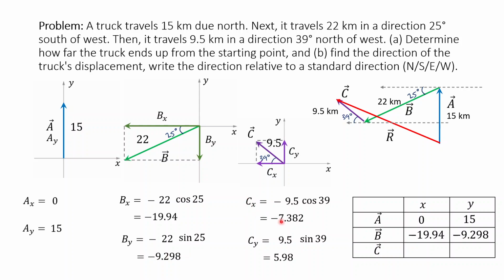For C, this is the x component and this is the y component. Now we have this table. Next, add all these x components. You will get this. This is the x component of the resultant vector. Likewise, add all the y components. You will get this. This is the y component of the resultant vector.